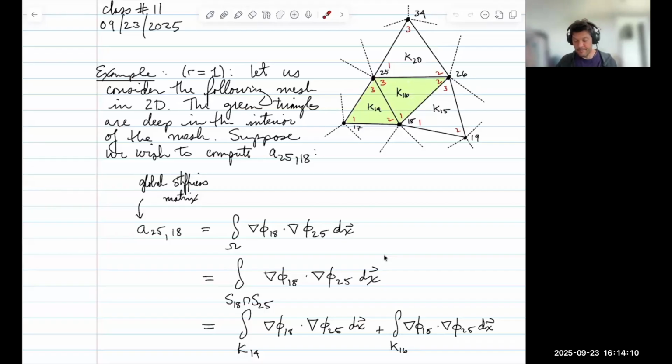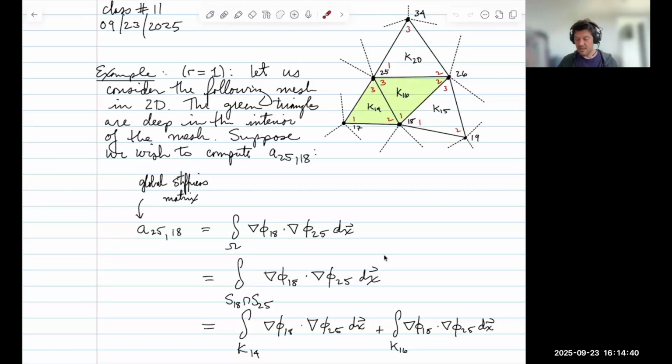Now, to each one of these local nodes, we have assigned a global node, right? So local node number 1 is identified with global node 17. Local node number 2 is mapped to global node 18, and 3 is global node 25.